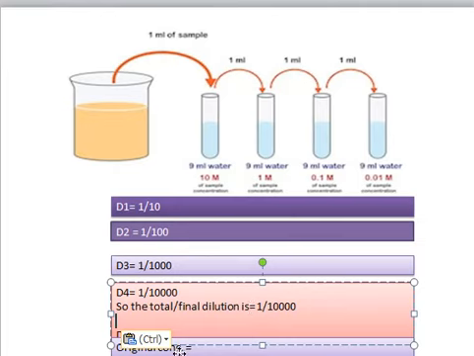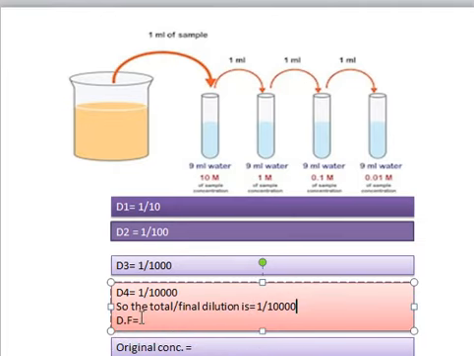The dilution factor is the reciprocal of the total dilution, which means 10,000.